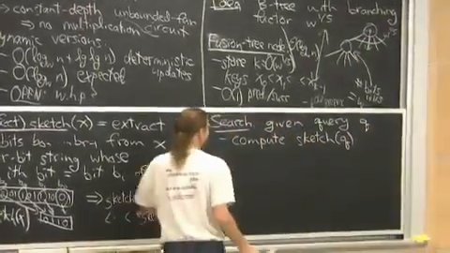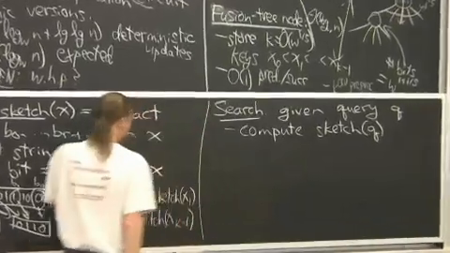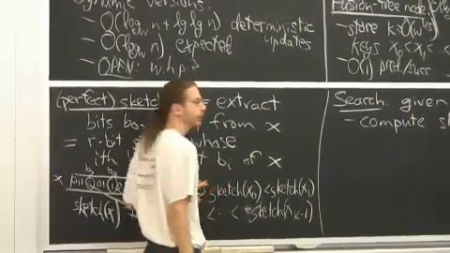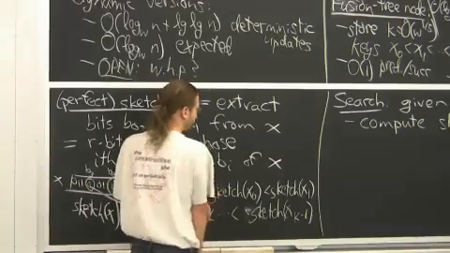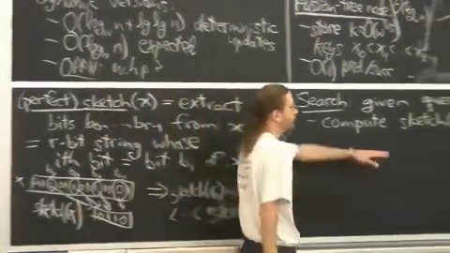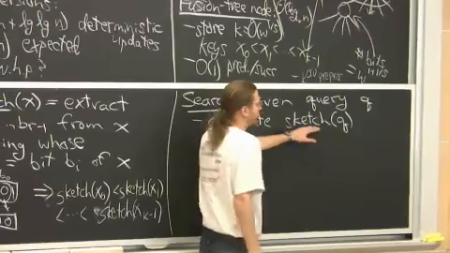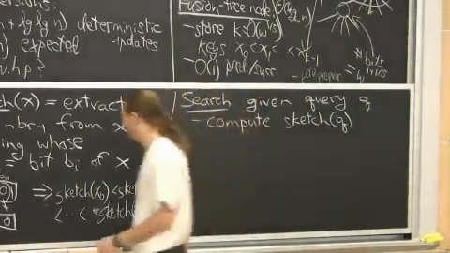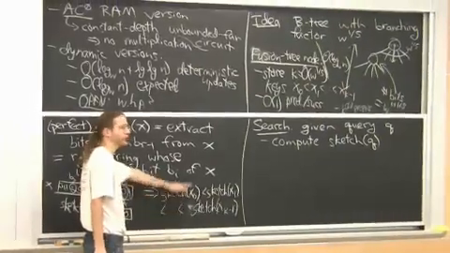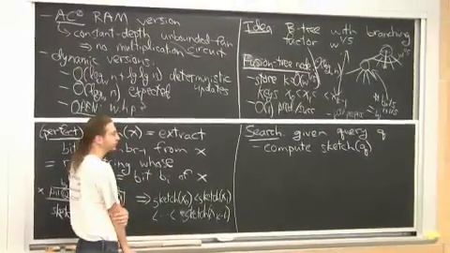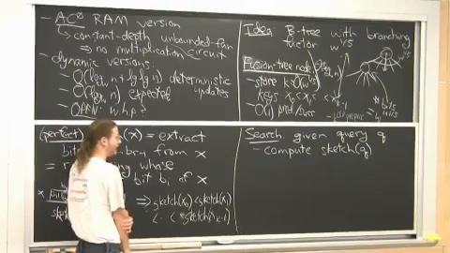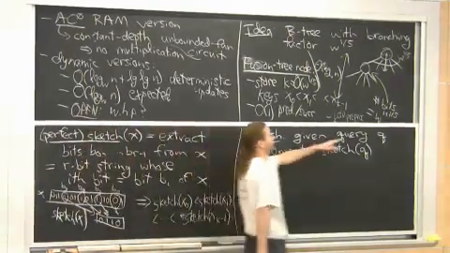And now you try to find where the sketch of Q fits among these guys. I claim you can do that in constant time. It's again an AC0 operation. The nice thing is the sketches all fit in one word. So also this single sketch fits in one word. No big surprise there. So let's say you can find where the sketch of Q fits among these items in constant time. The trouble is where the sketch of Q fits is not necessarily the same as where Q fits among the xi's.